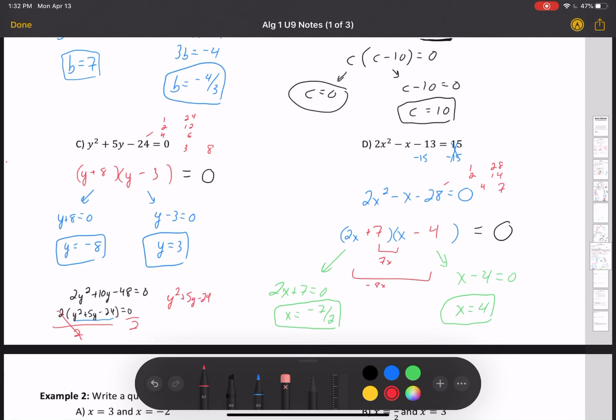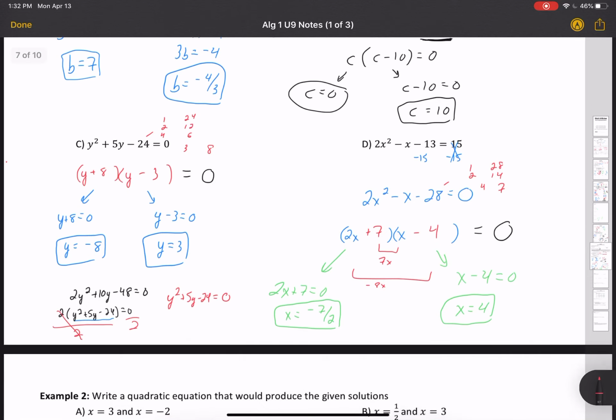And on the right-hand side, 0 divided by anything other than 0, 0 divided by 2, for instance, is just going to equal 0. And then we are left with what the problem originally was in C. So if your GCF is just a number, it doesn't contain a variable, you can break that apart. Factor out the GCF and then divide both sides by that to get the quadratic by itself.